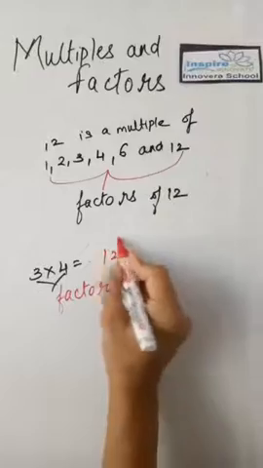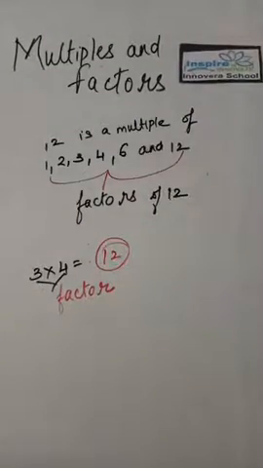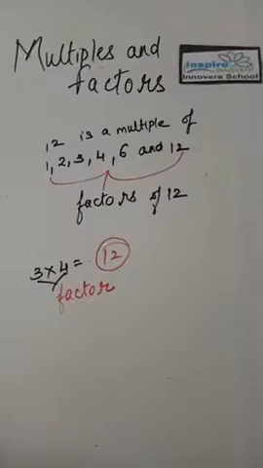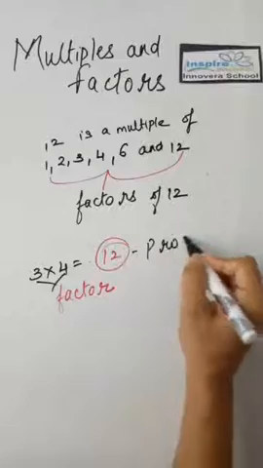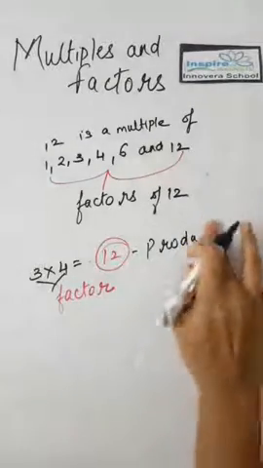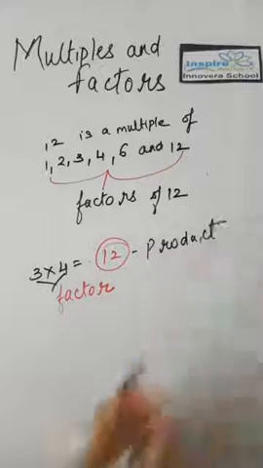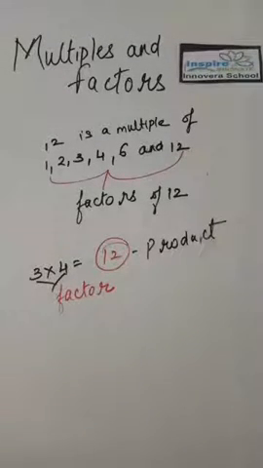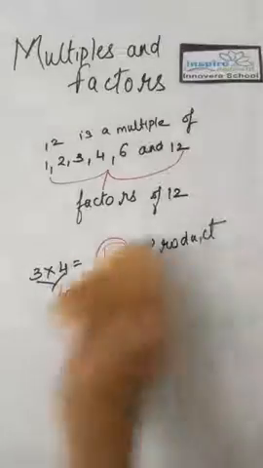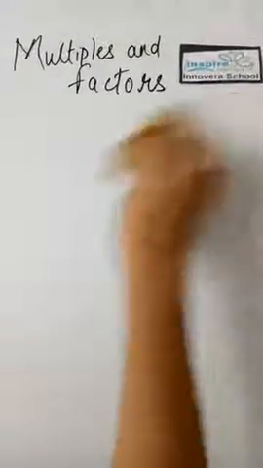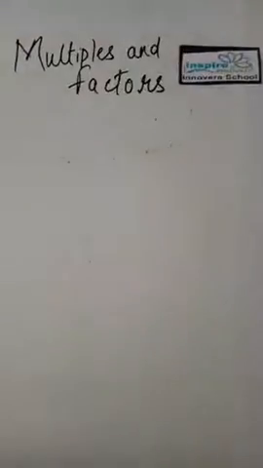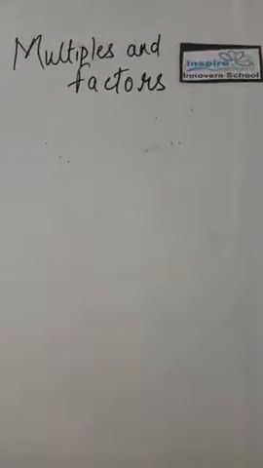Now the product is 12. 12 is the product, and 3 and 4 are called factors of that product. So now we know what factors are. Factors are limited and multiples are unlimited.